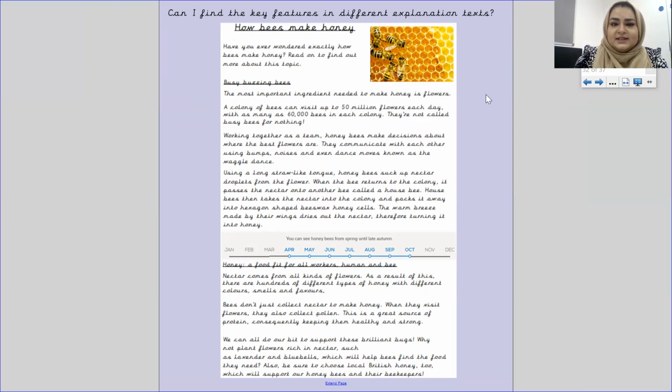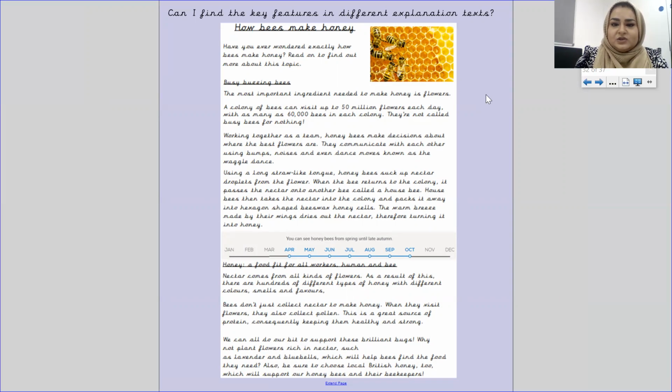Working together as a team, honeybees make decisions about where the best flowers are. They communicate with each other using bumps, noises, and even dance moves known as the waggle dance. Using a long straw-like tongue, honeybees suck up nectar droplets from the flower.